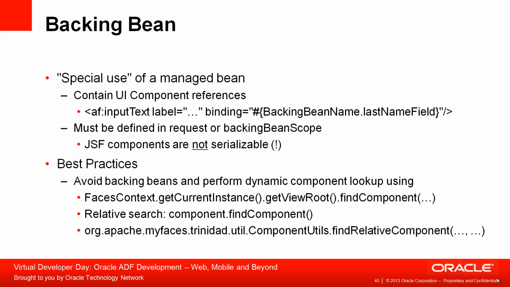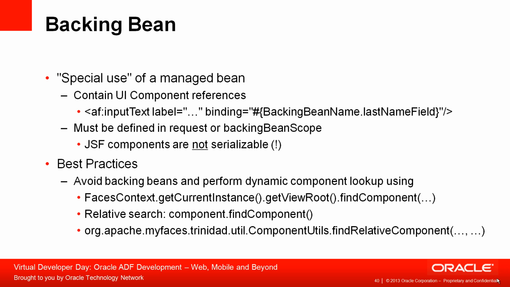All component references that you have in the binding section must be in request scope, or if you go with the Oracle scopes as recommended, in backing bean scope. And the reason is that JavaServer Faces components are not serializable. So you don't want to pin the component, and to not pin the component, you use the component binding in a request scope. Best practice, however, is to avoid backing beans altogether.